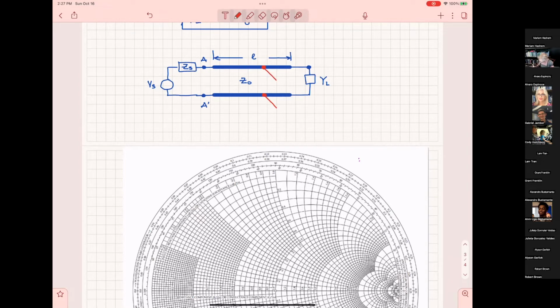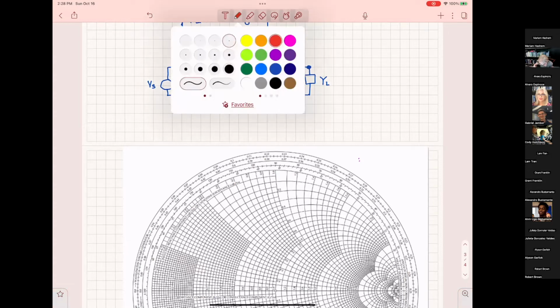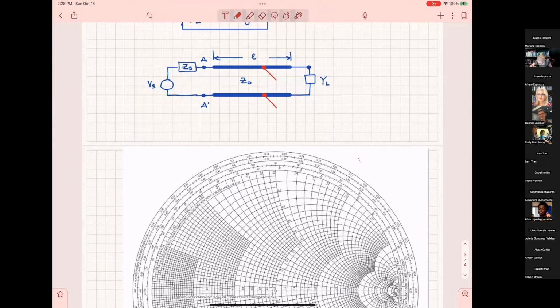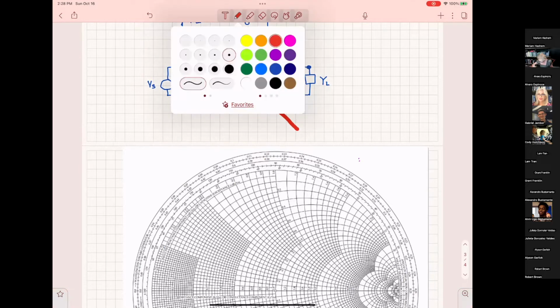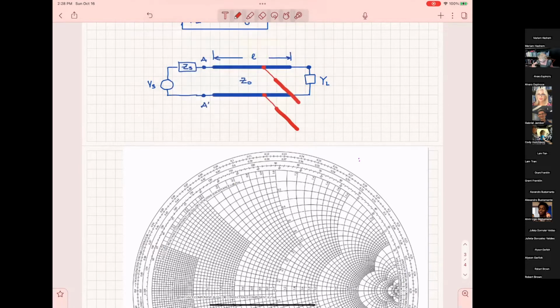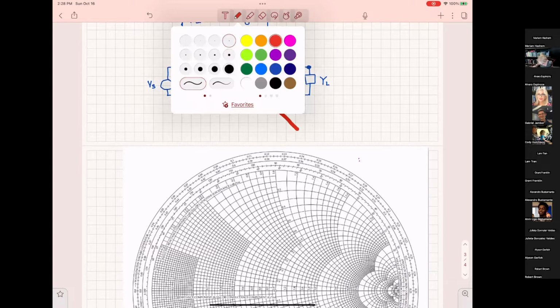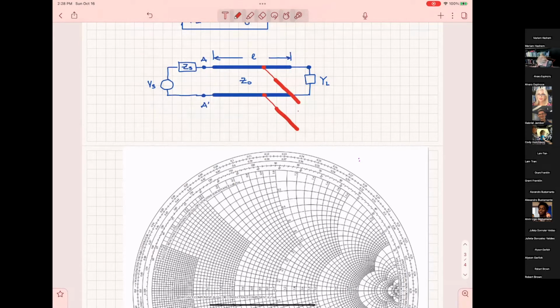But it has to be in a distance from the load. So let me do this. It looks like this. I don't know yet what I'm going to have at the end. That is going to come as part of my solution. So I will put here for this a question mark, because I don't know yet what it is.